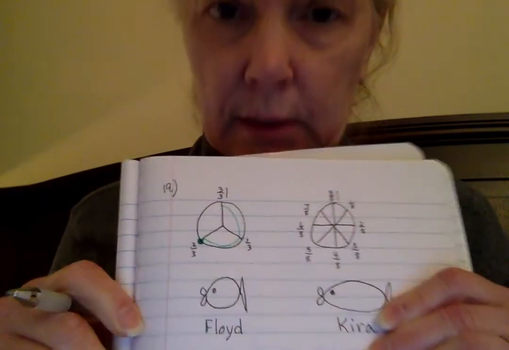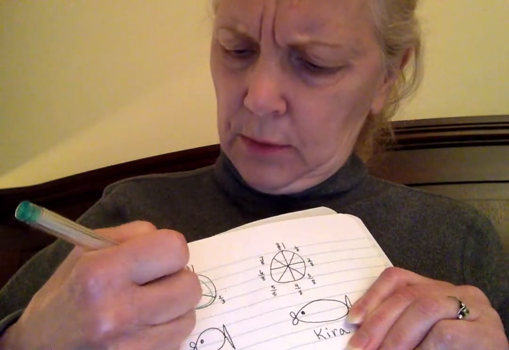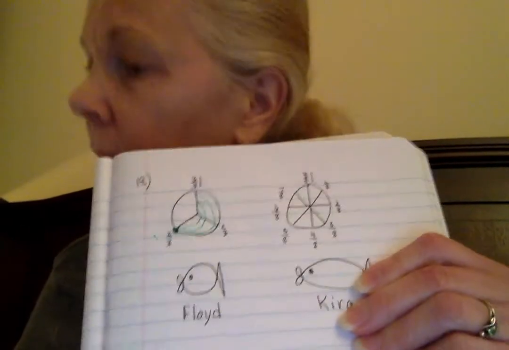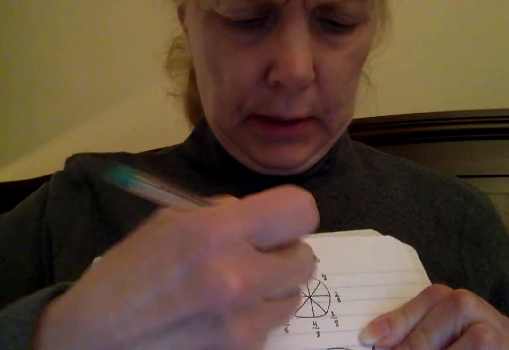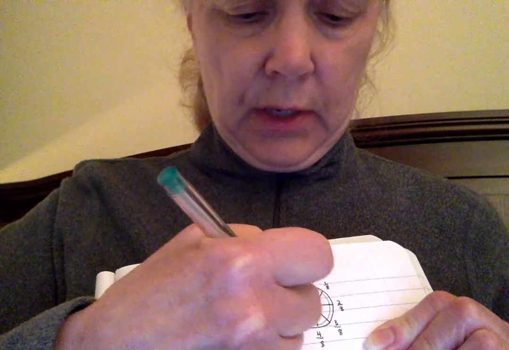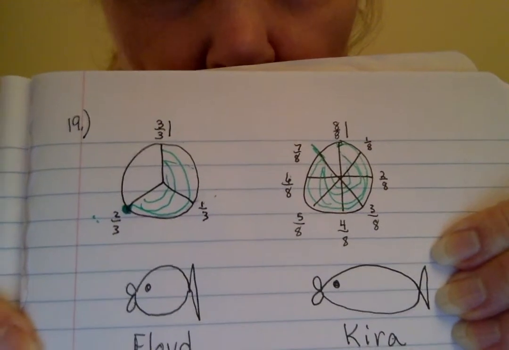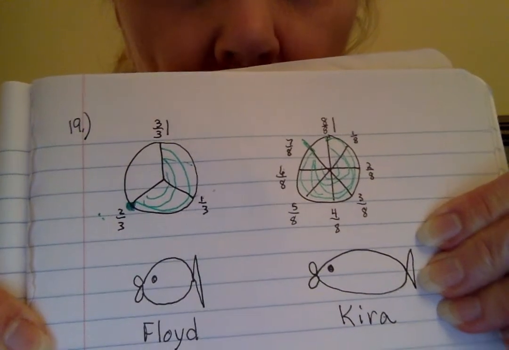That's where the scale pointed to. Kira's fish, she put it on the scale, and the scale went 1/8, 2/8, 3/8, 4/8, 5/8, 6/8, all the way to 7/8. Whose fish weighed more? Whose fish was closest to a pound?